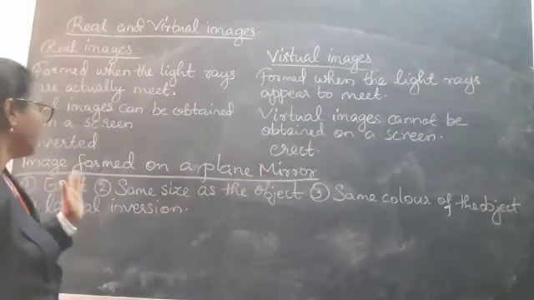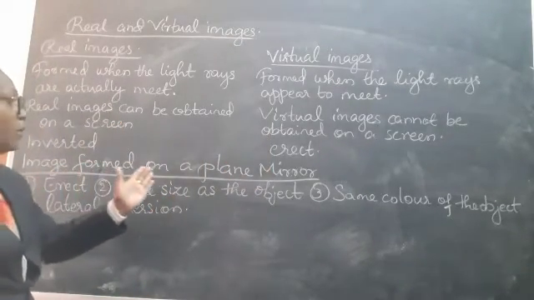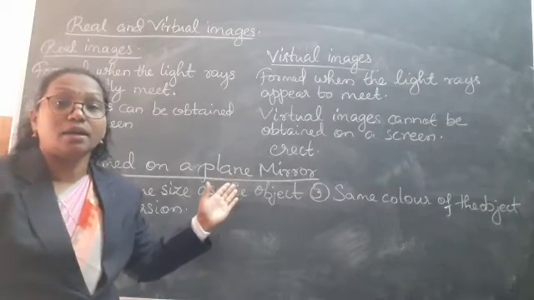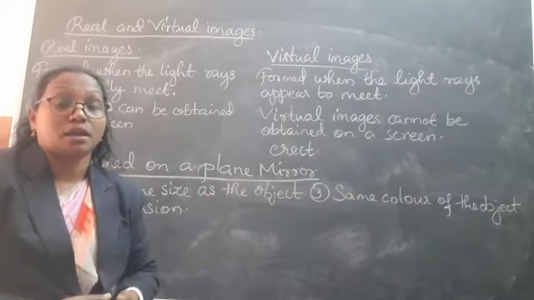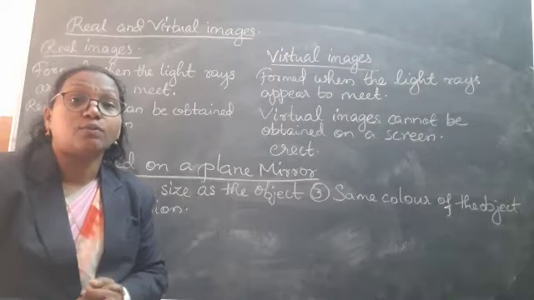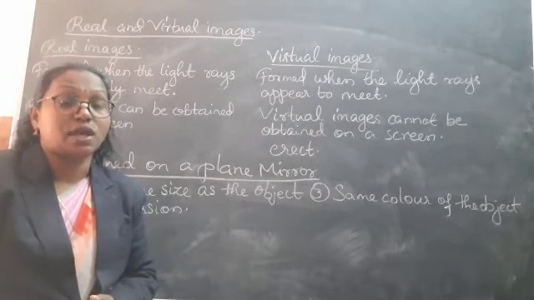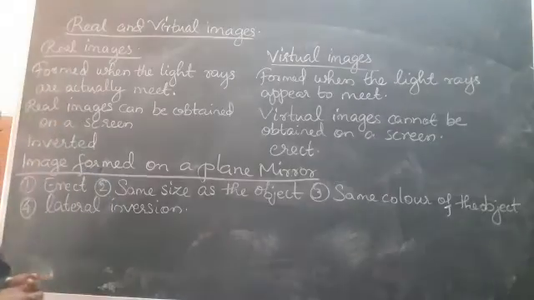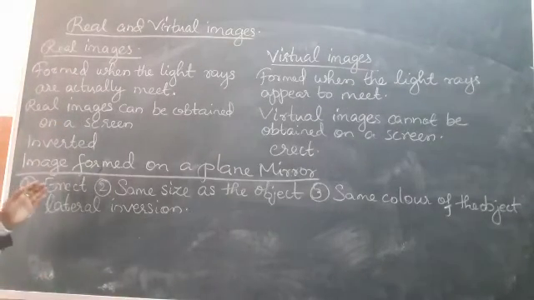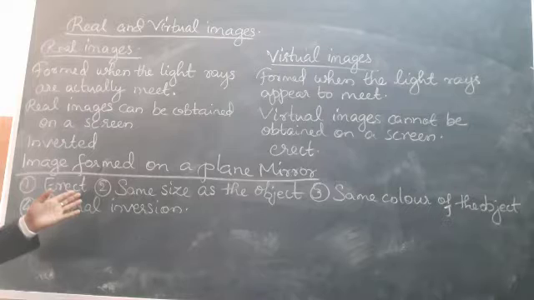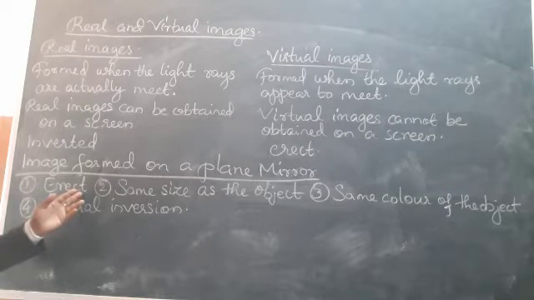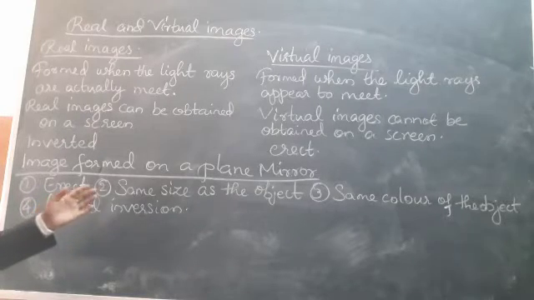Now, the image formed on a plane mirror. What are the characteristics of the image that is formed on a plane mirror that we are going to understand? The first point is that the image is erect. On a plane mirror, the image is always erect.